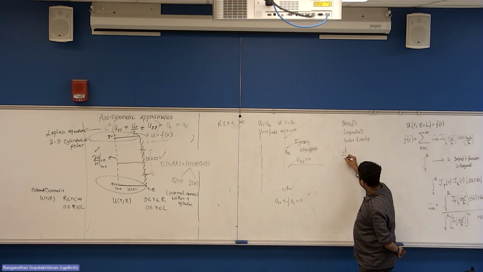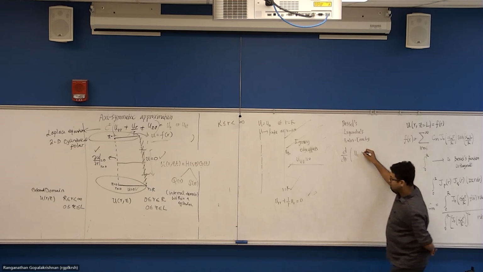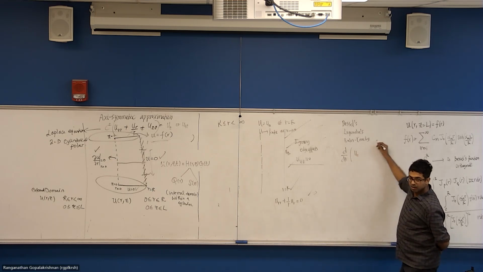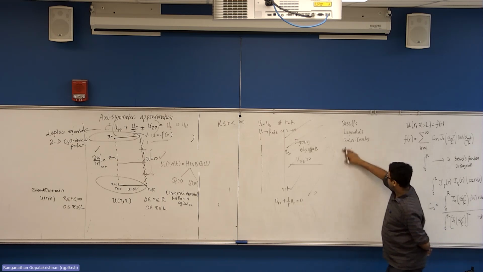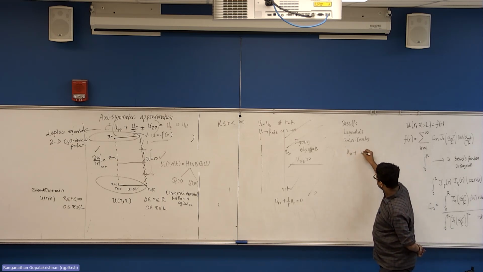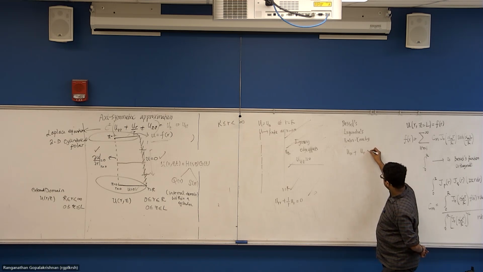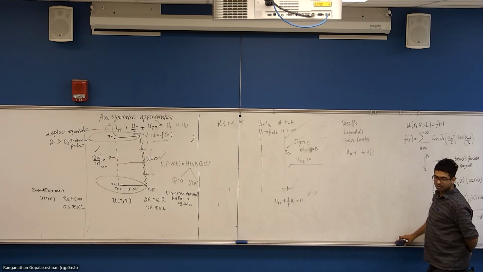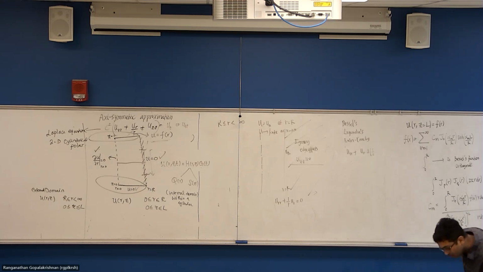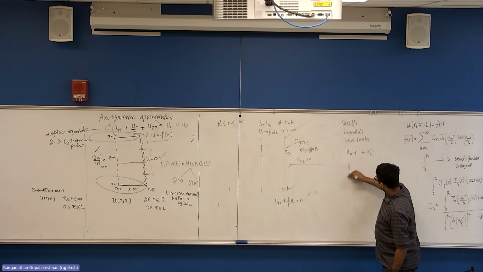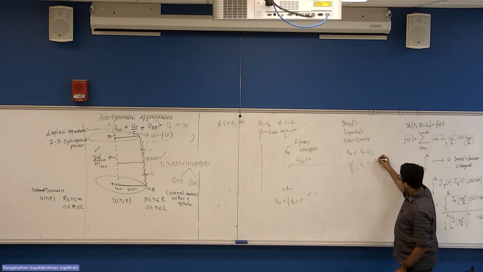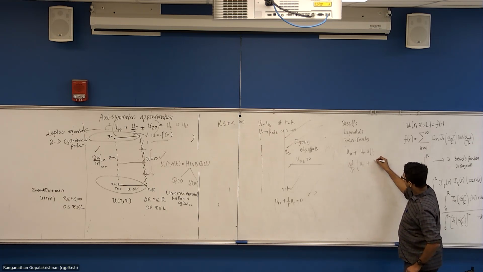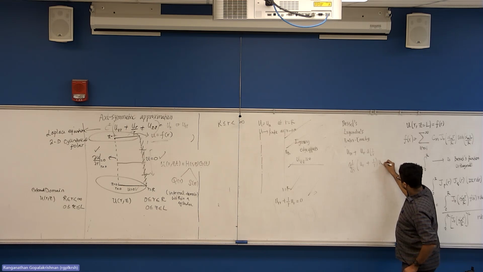So you want to write this as the derivative with respect to R of UR plus 1 over R of U?